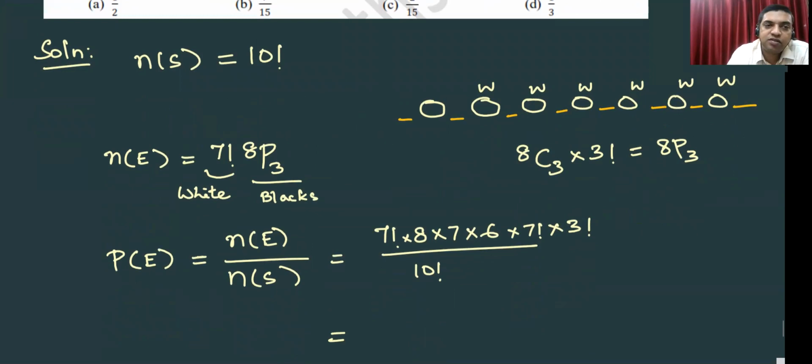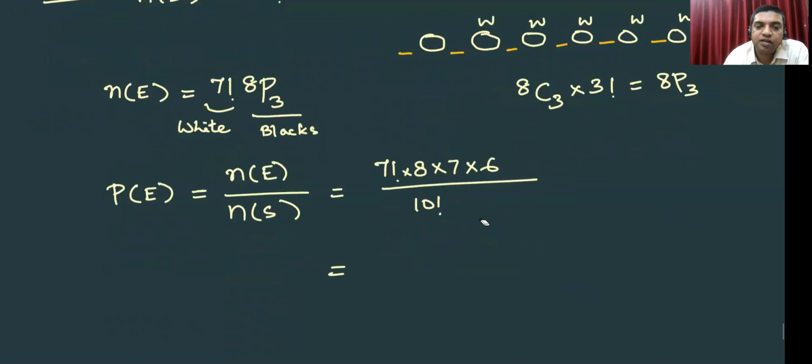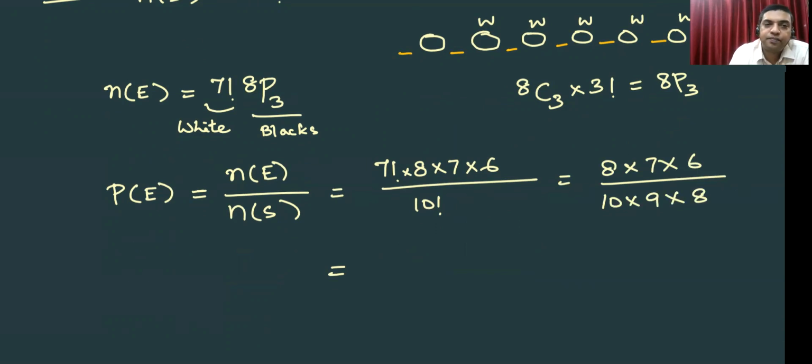So 7 factorial into 8P3 over 10 factorial. So we get 8 into 7 into 6 by 10 into 9 into 8 into 7 factorial. The 8 is gone, then 2, 3, 2 is 6, 3 3s are 9.